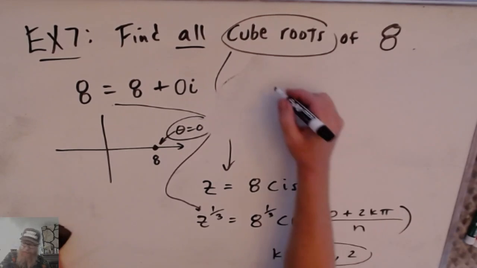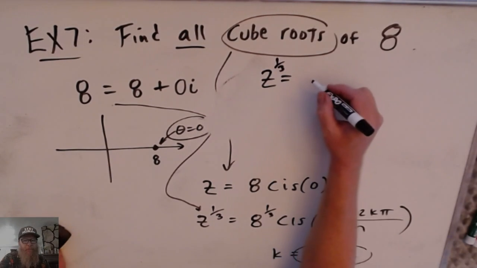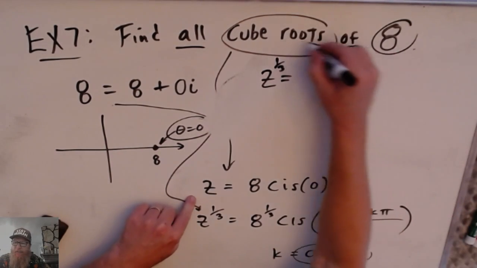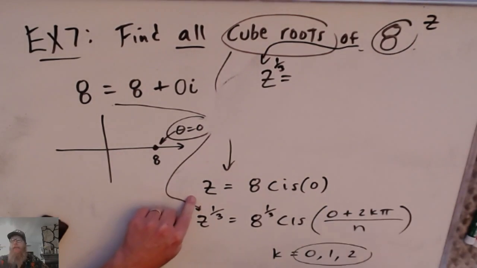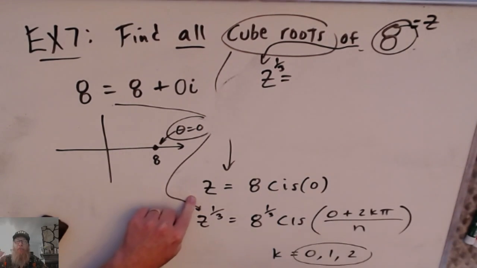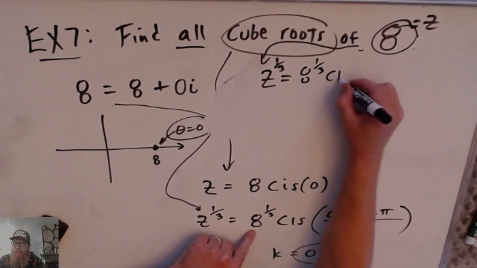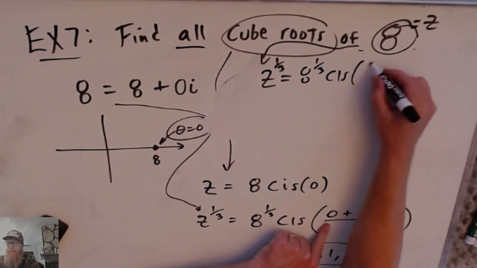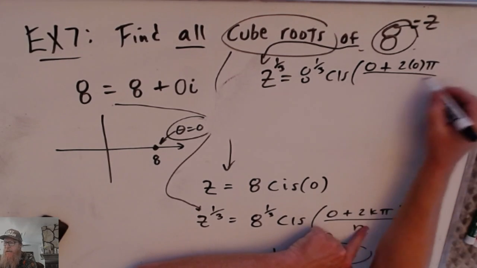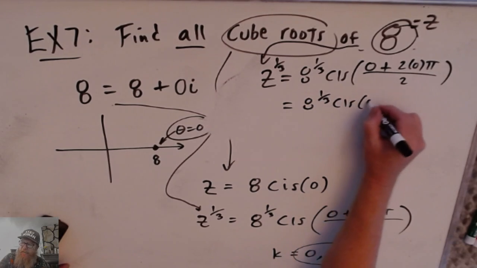Let's see that. So we've got z to the 1/3. Remember, z is this guy, 8. I'm just calling it z. You could just say 8 if you want. So that's 8 to the 1/3 CIS 0 plus 2 times 0 pi over 2. So that's 8 to the 1/3 CIS 0.